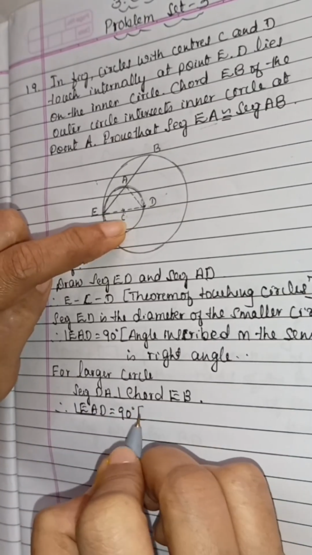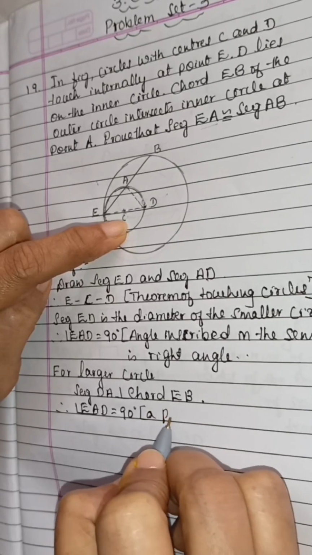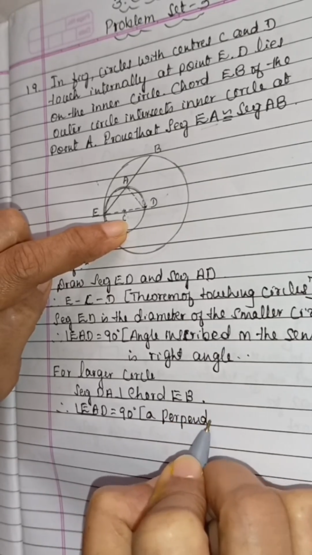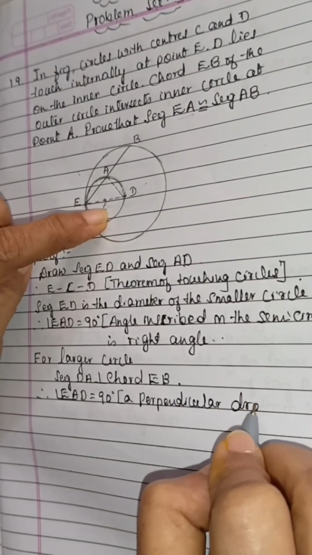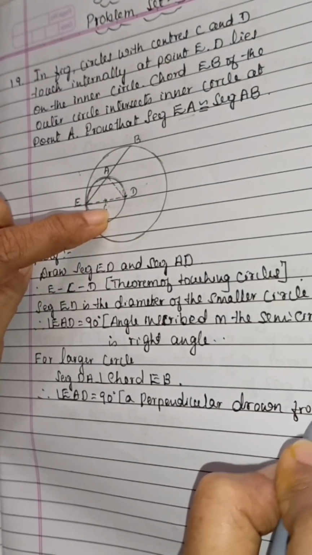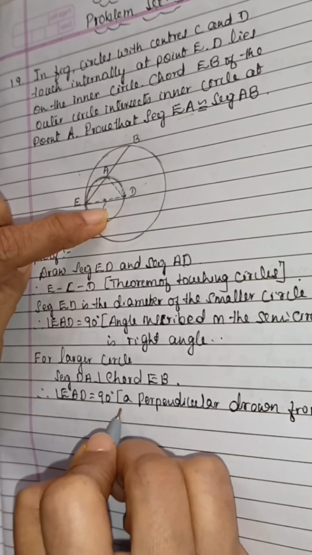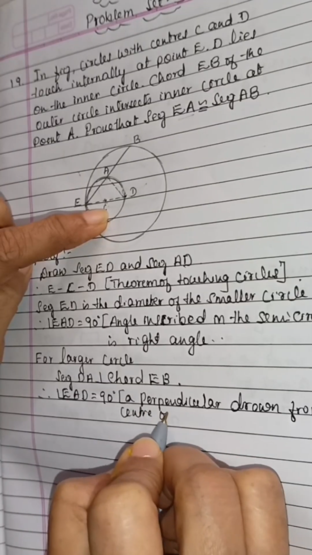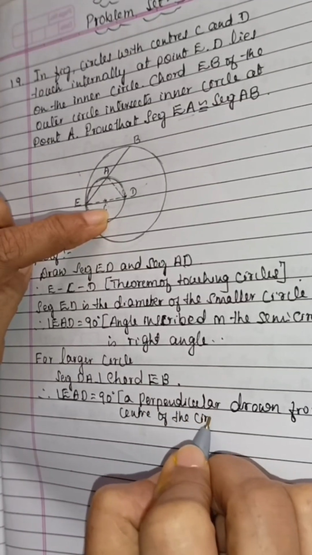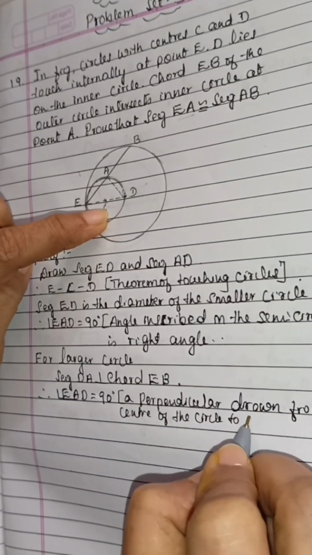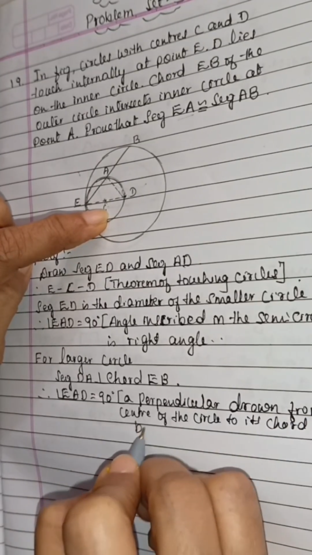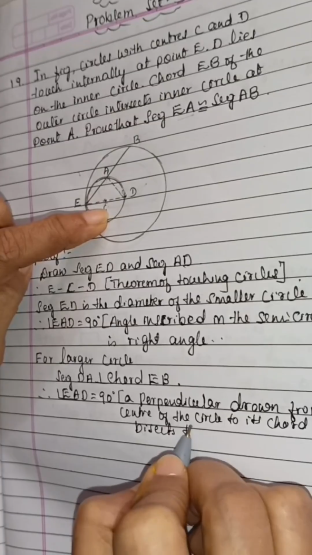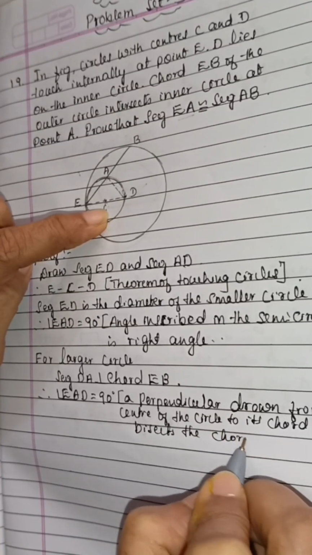This is because a perpendicular drawn from the center of the circle to its chord bisects the chord.